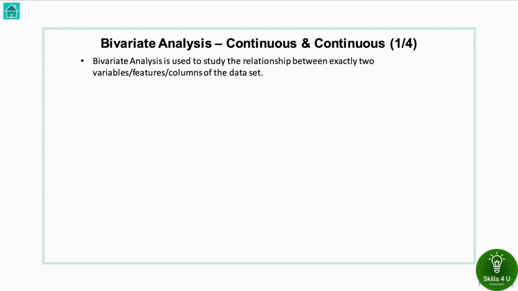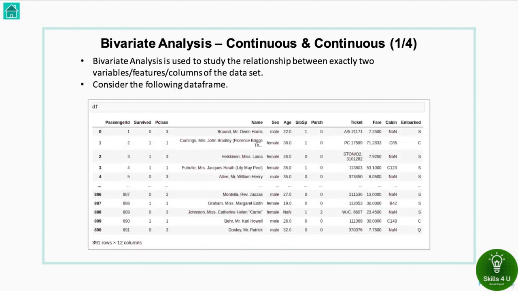Bivariate analysis, as the name suggests, means to study the relationships between two features of the dataset. Consider the data frame given in the slide containing information of the passengers aboard the Titanic. Let's see how we can perform bivariate analysis if both the features at hand contain continuous data.